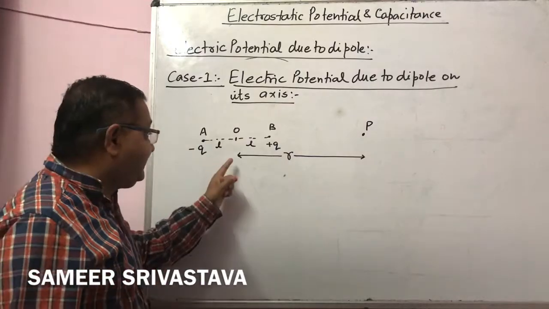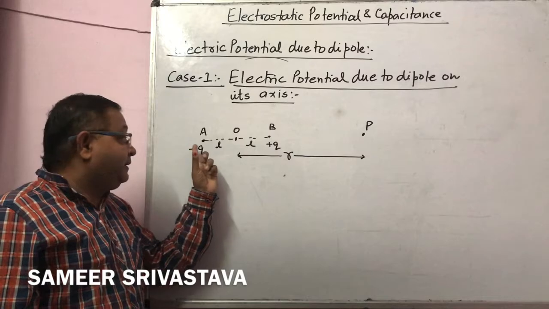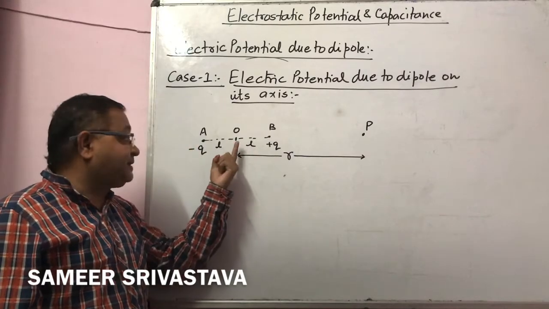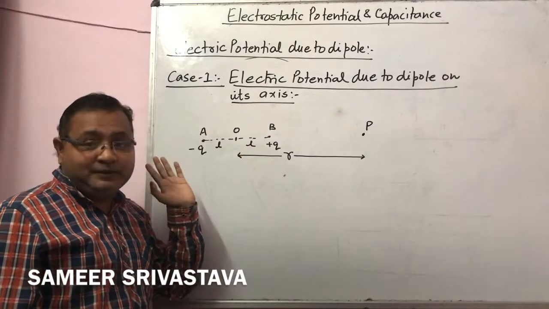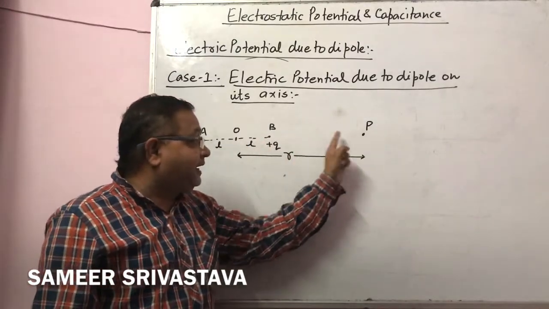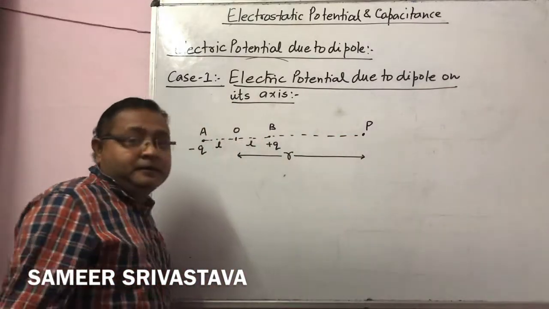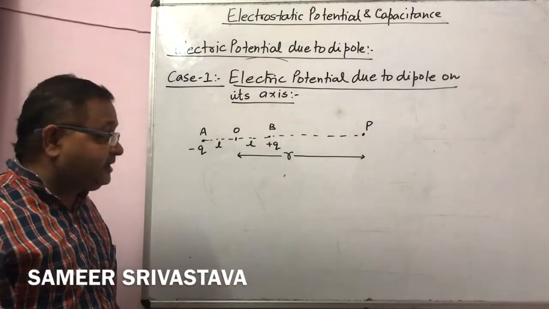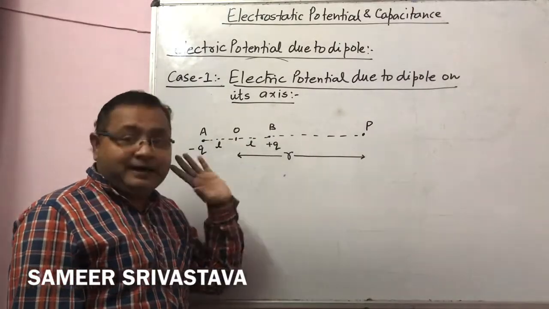Again I repeat, I am taking a dipole having a distance 2l and its center is O. If its center is O, the distance is l and l. Now I am taking a point P on the axis of dipole where we want to find the total electric potential, and we assume the distance between O and P as r.